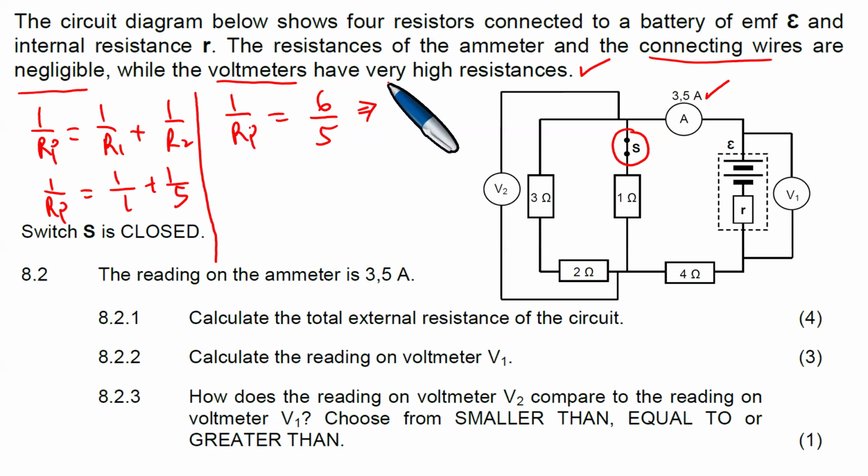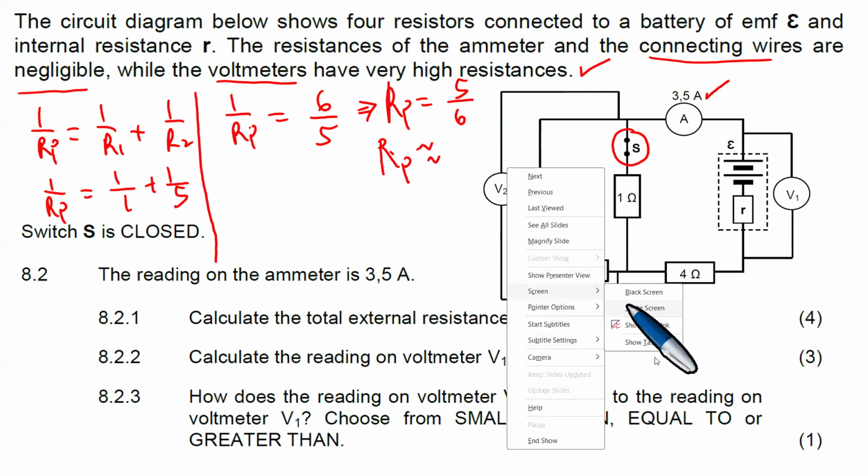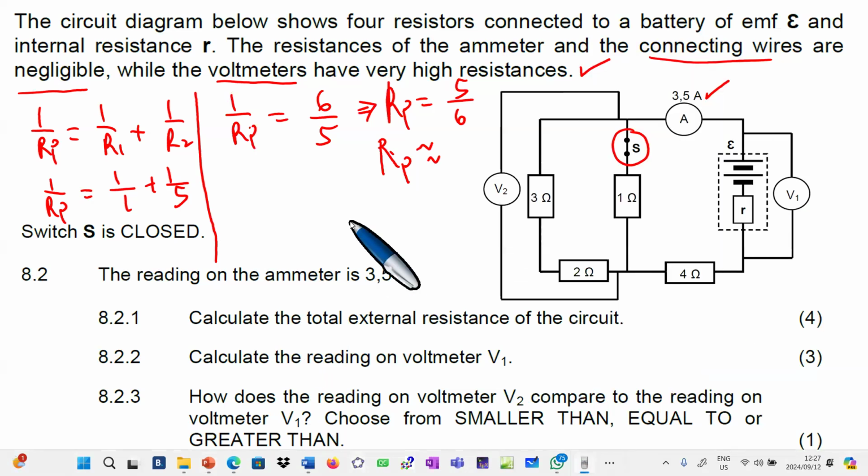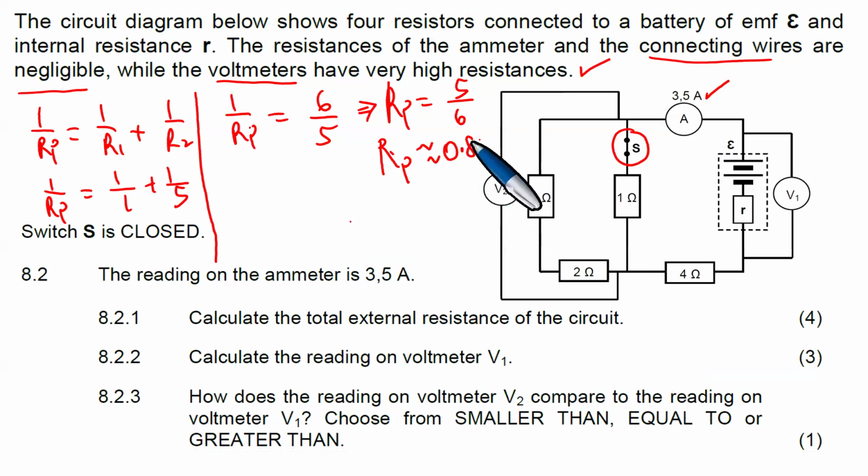This means that R parallel is going to be, you take the reciprocal of this, which is 5 over 6. Five divided by 6 is 0.83.